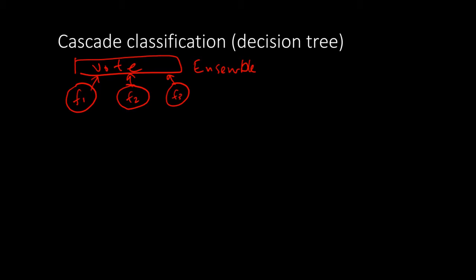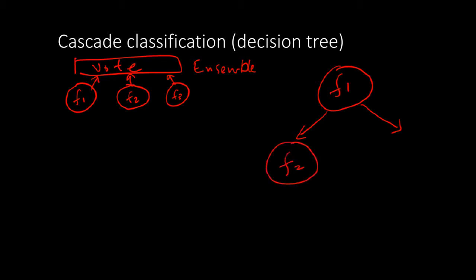In a decision tree or cascade classification, we first use classifier F1 and let it divide the data into, let's say, two classes or two different bifurcations, and we assume that this bifurcation is not perfect, at least for the test data. So we will refine that using another classifier that will give a better decision. It specializes on what comes to the left branch as opposed to what goes to the right branch using F1.